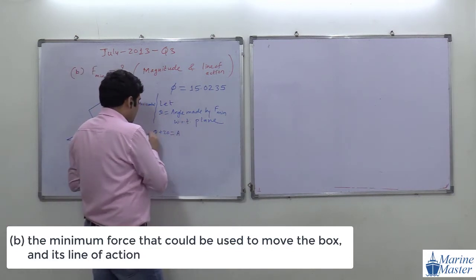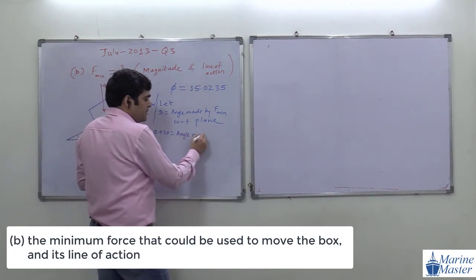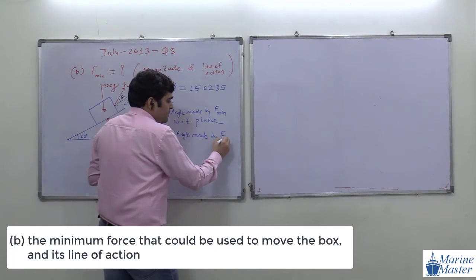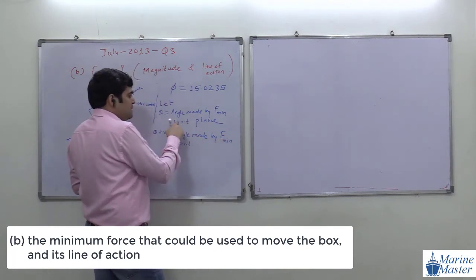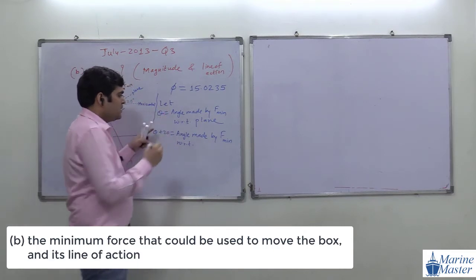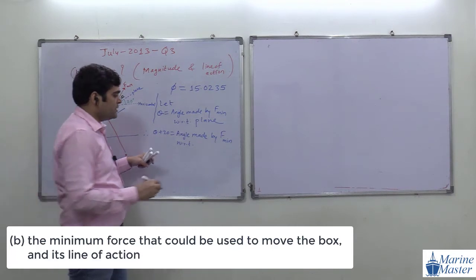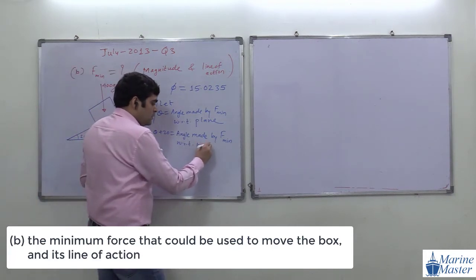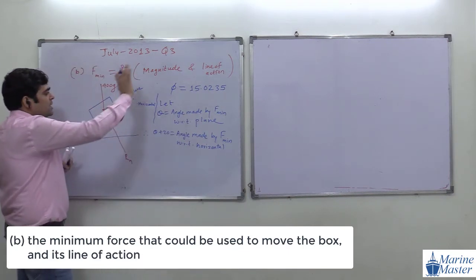What is the meaning of theta? With respect to plane. Theta plus 20 is the angle made by F minimum with respect to horizontal. Okay, good.